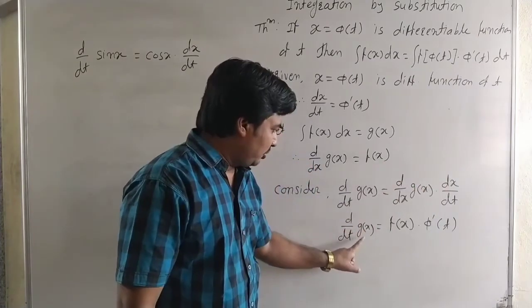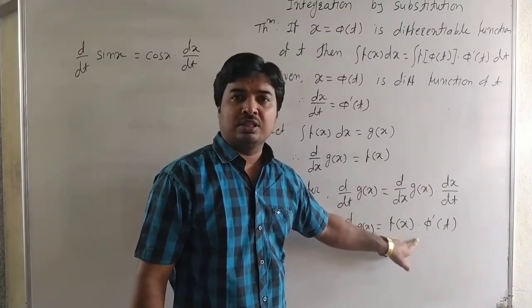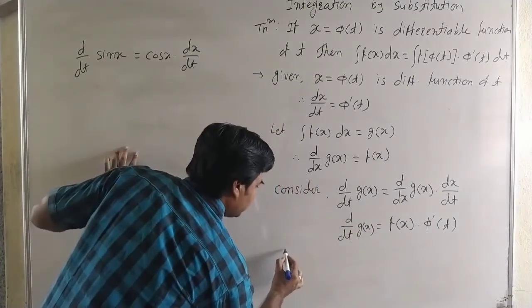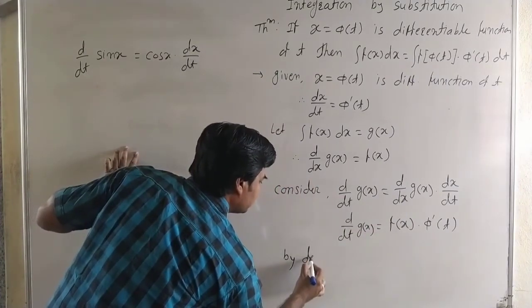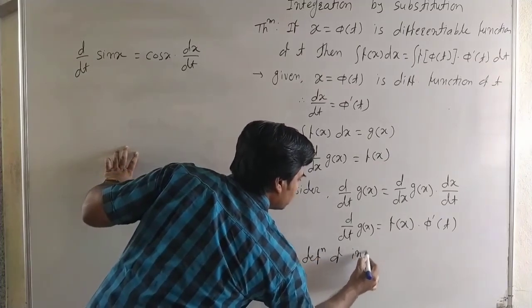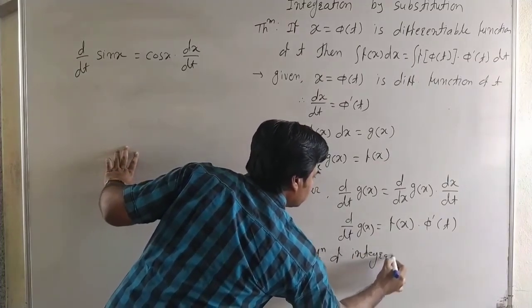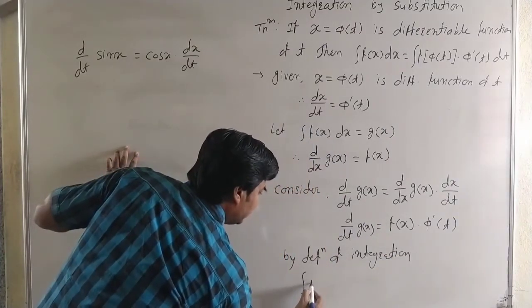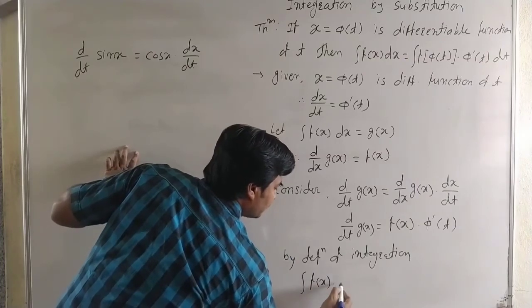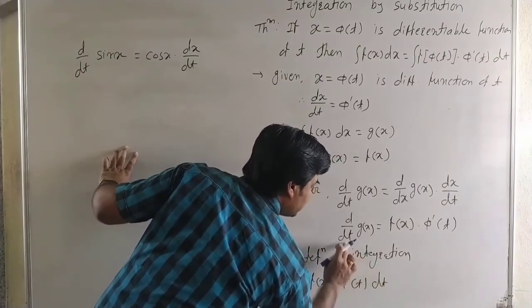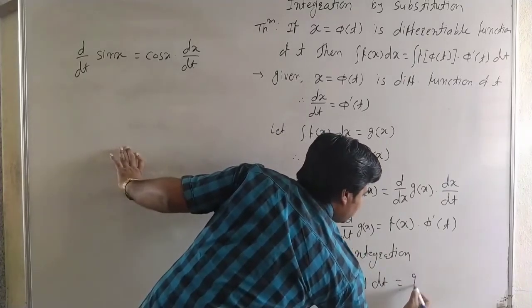Therefore, by the definition of integration, the integral of f of x into phi dash of t dt with respect to t is equal to g of x.